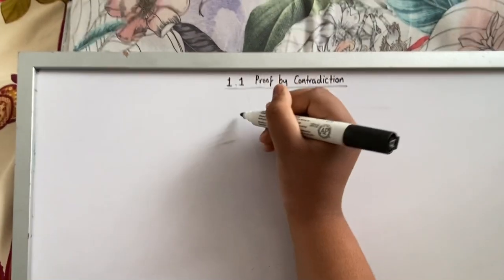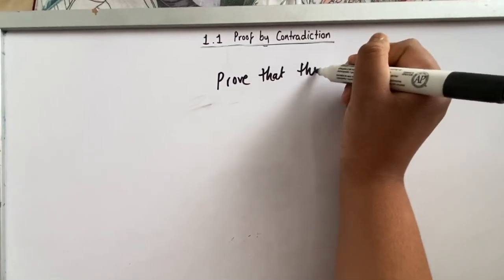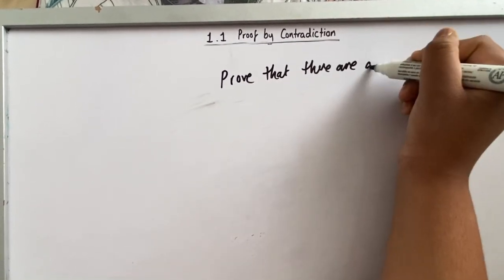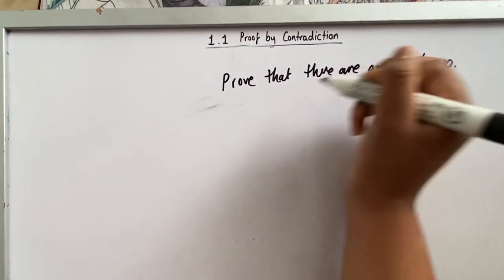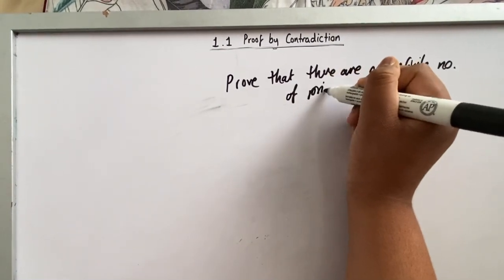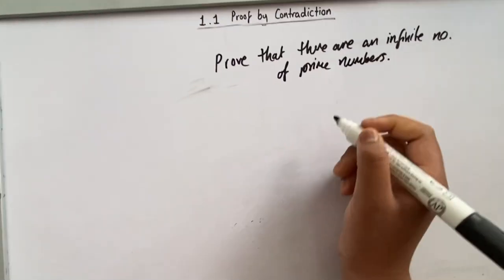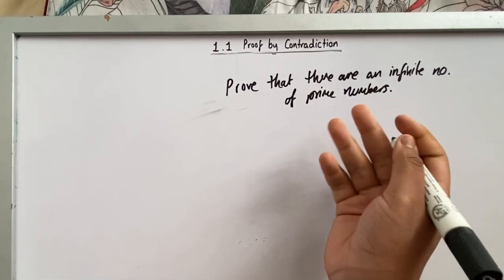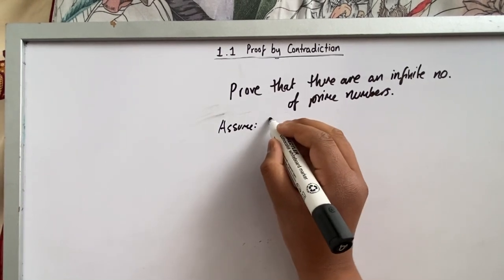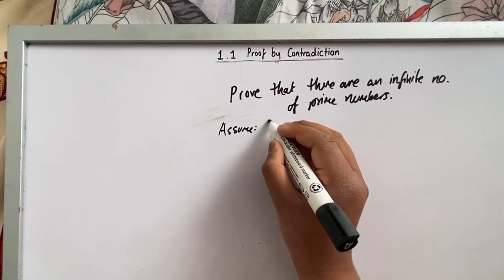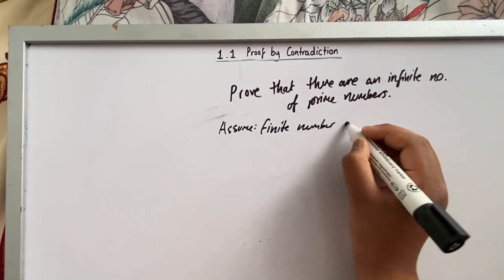I'll say, prove that there are an infinite number of prime numbers. So you assume that there are a finite number of prime numbers.